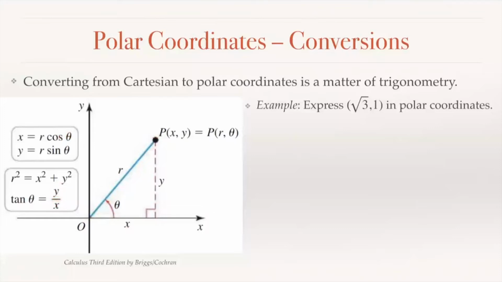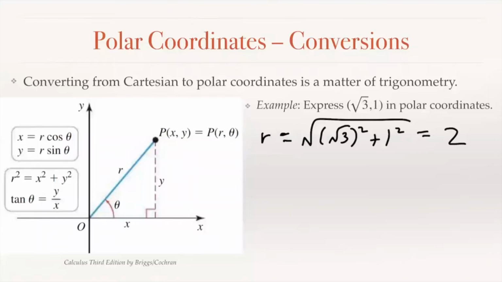For example, let's convert root 3 comma 1 to polar coordinates. Well, r would be the square root of root 3 squared plus 1 squared, which is 2. Technically it could be negative as well, but we're just going to go with the polar coordinate with r positive and theta between 0 and 2 pi.